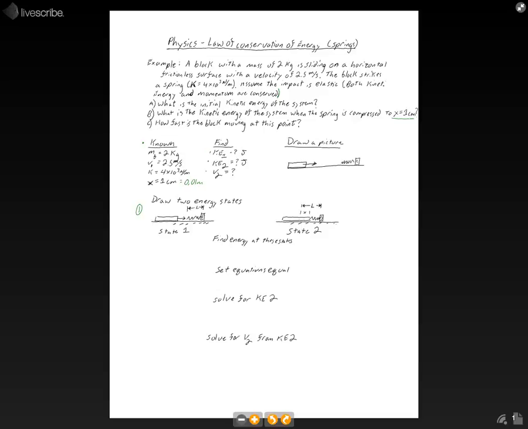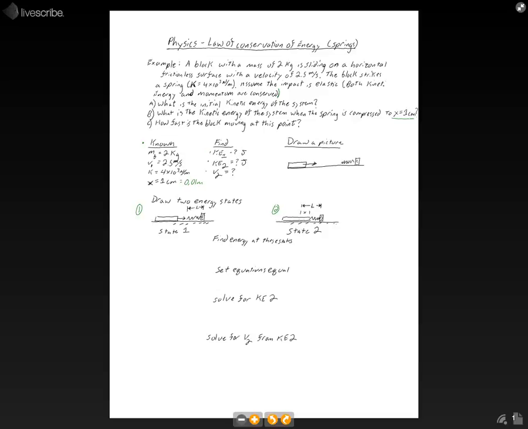Then next we have state 2, where the block has compressed the spring just a little bit, just 1 centimeter. Now we're going to see if we can find some of the information for this problem. First off, we need to find the energy at these states.